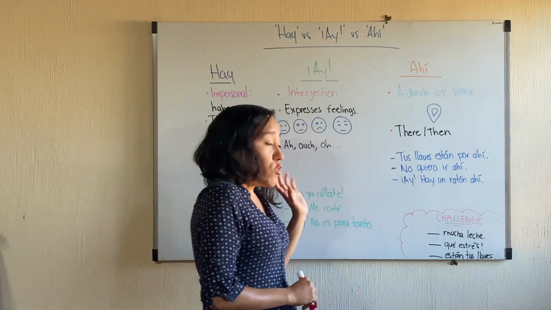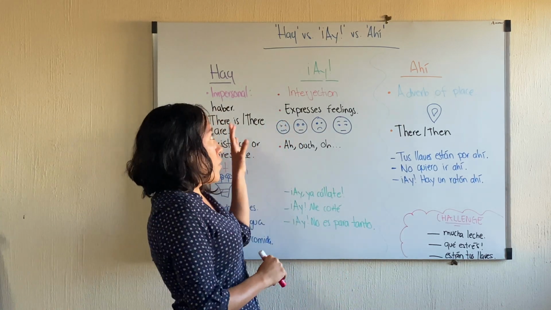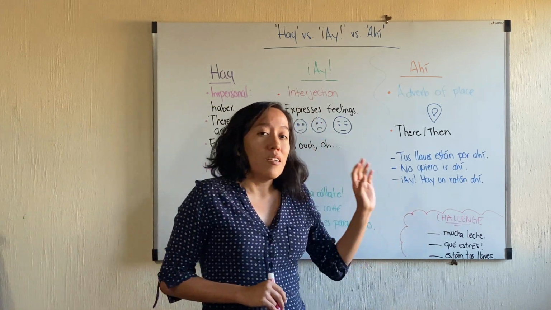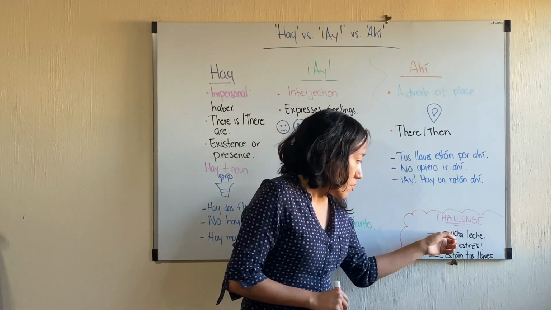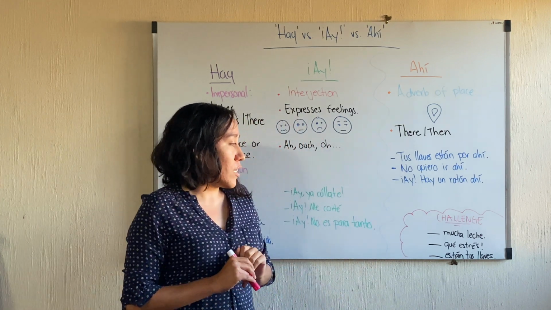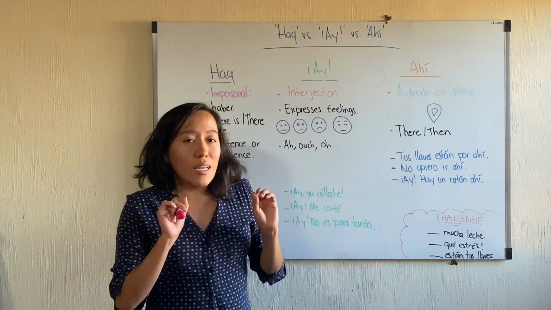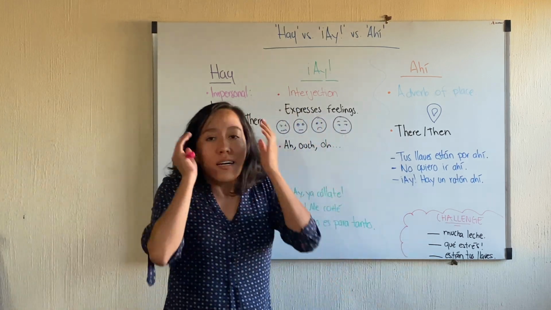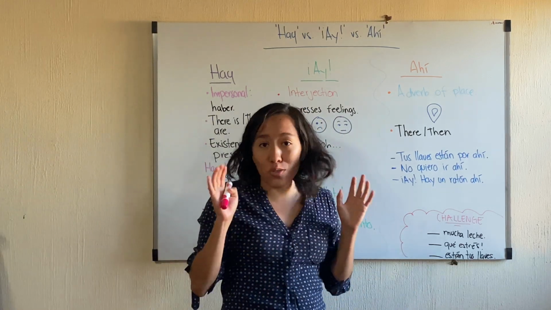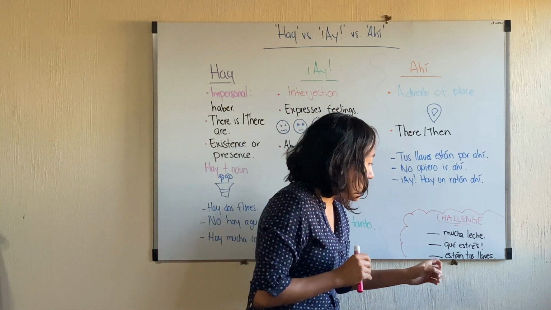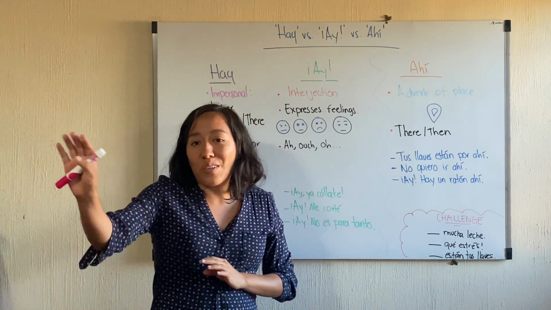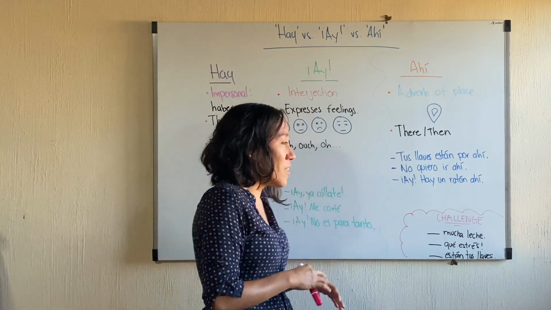Based on the information that you already know about hay, ay, and ahí, you are going to help me finish these sentences. Let's check them out. Mucha leche, a lot of milk. The second one, que estrés, so stressful. And the third one, están tus llaves, are your keys. I know it sounds very weird.